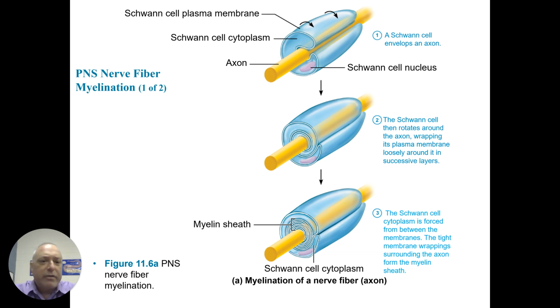So at first, the Schwann cell envelops the axon, then it rotates around the axon, wrapping its plasma membrane loosely around successive layers. As it does this, it tightens up these concentric circles, and this is what forms the insulation, which improves conduction of your action potential.